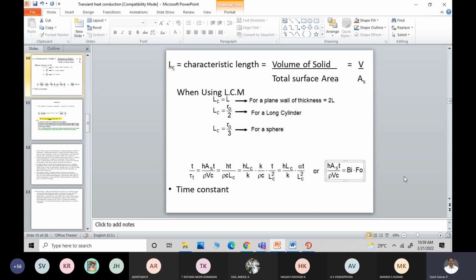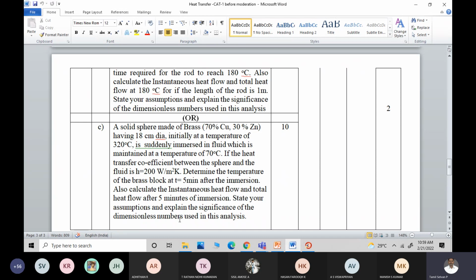So when I asked what is the significance of the dimensionless numbers, only the Biot number you have written. What about the Fourier number? As students, these are the things where you are making mistakes.